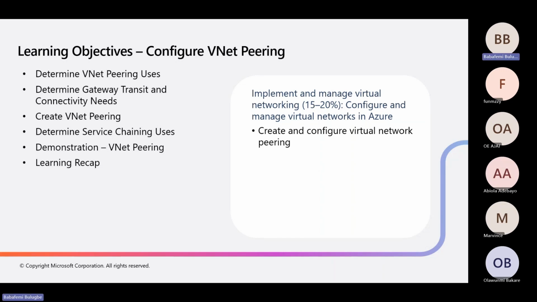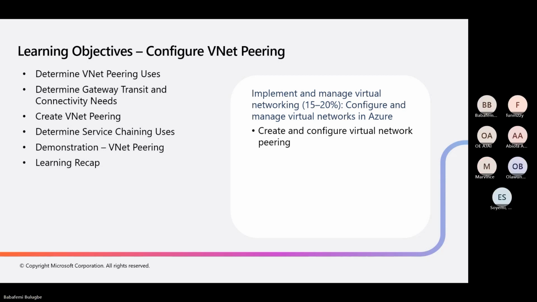For the virtual machine deployed in VNet A and the one deployed in VNet B to communicate, we need to do what we call a VNet peering. When we pair those VNets together, VNet peering means we are connecting those two virtual networks together.